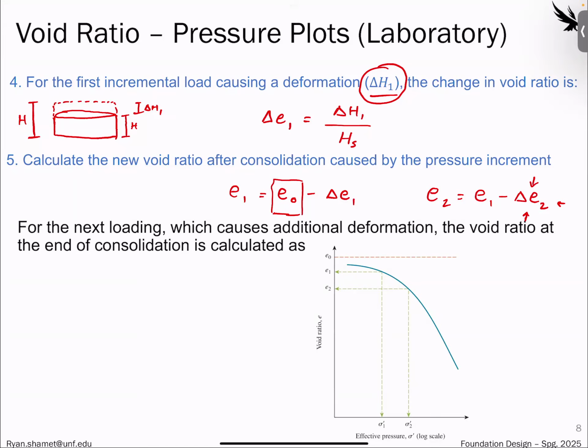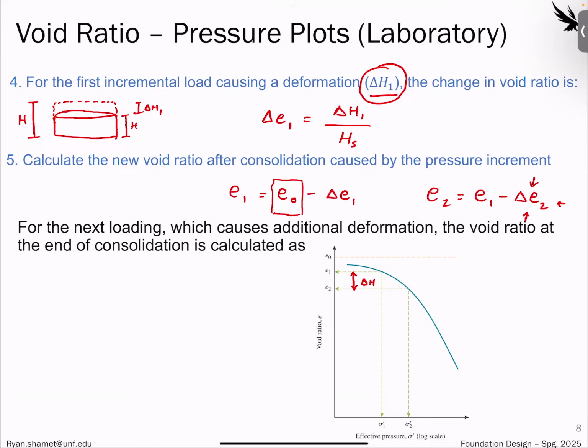If it's cumulative, meaning from 0 to 2, then we subtract it from e naught. Sometimes the data in textbooks, and in the PE too, they'll throw those curveballs. You're not going to be asked to do a whole analysis in the PE, but they might ask something similar. We always have to make sure that we're reading the change in void ratio and change in height correctly.